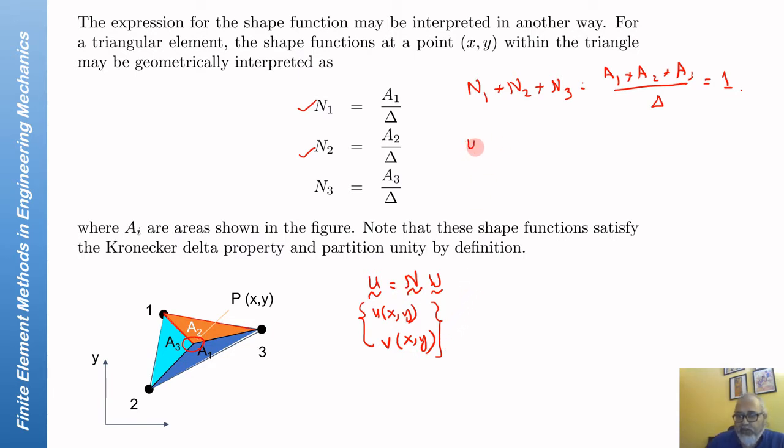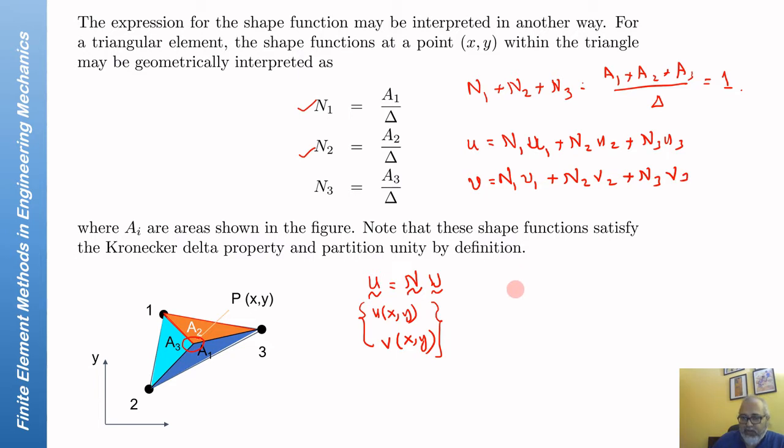So remember that u will be equal to N1 u1 plus N2 u2 plus N3 u3, and v will be N1 v1 plus N2 v2 plus N3 v3 for our triangular element.